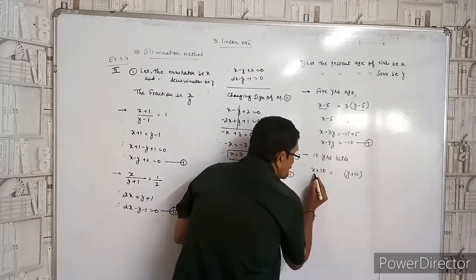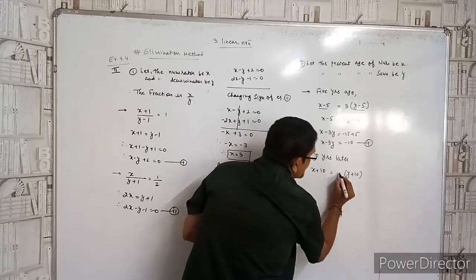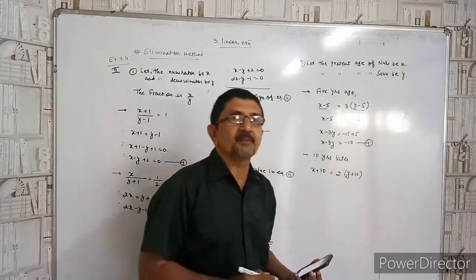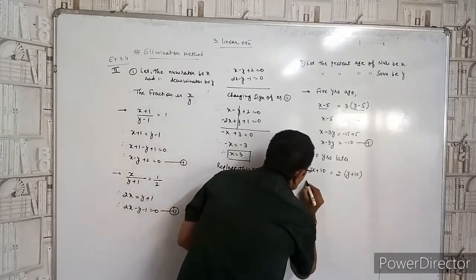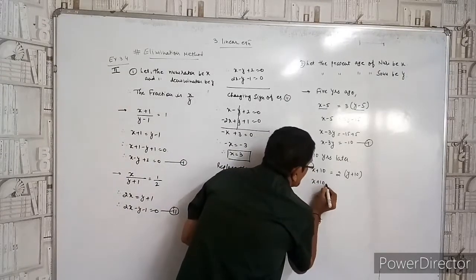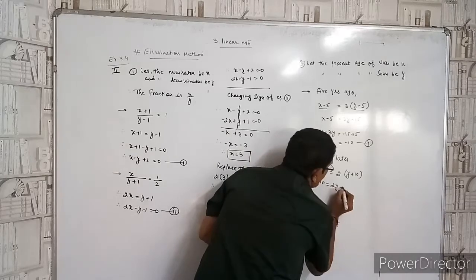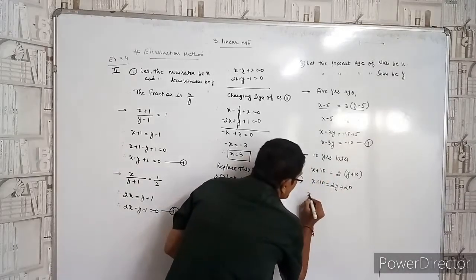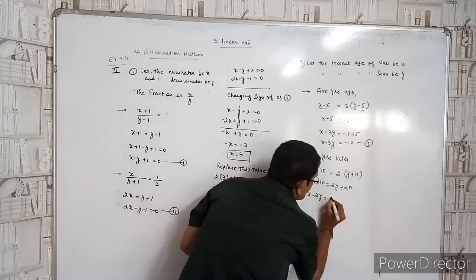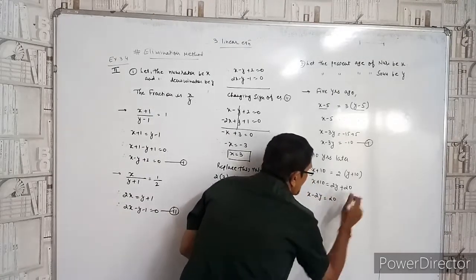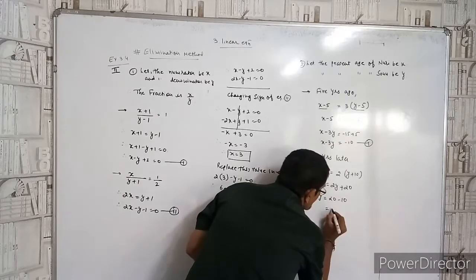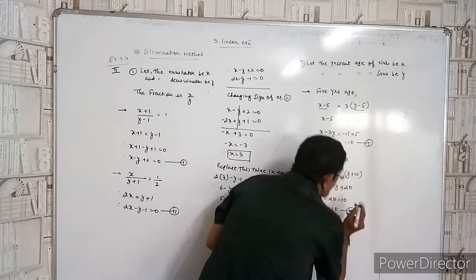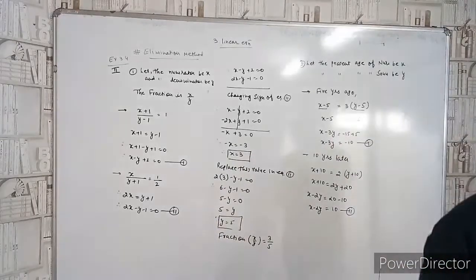And Noori's age is twice as old as Sonu, so Sonu's age will be multiplied by 2. So x plus 10 is equal to 2 times y plus 10. 2y we are shifting this side, x minus 2y, 20 remains as it is, minus 10. So x minus 2y is equal to 10. So this is the second equation.